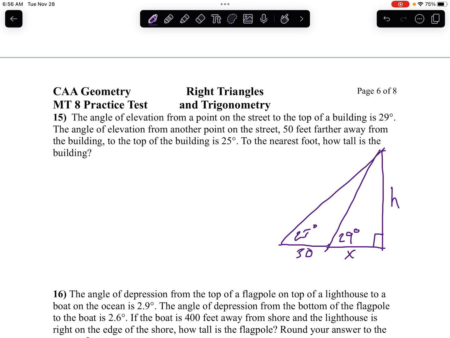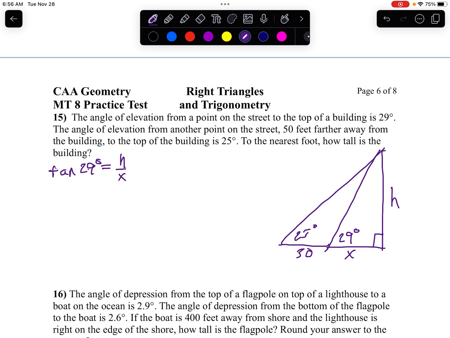So we're going to say, the tangent of 29 degrees equals H over X. And if I use my bigger triangle, the tangent of 25 degrees equals H over X plus 50. Notice both equations have H in them, so I think I'm going to solve for H.